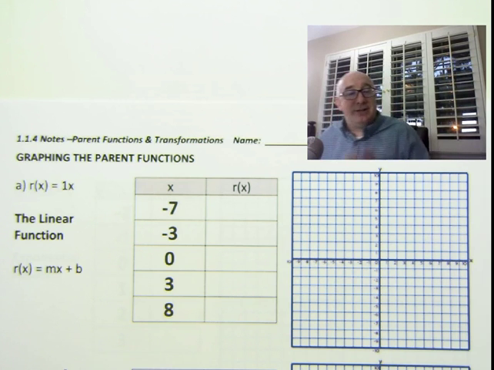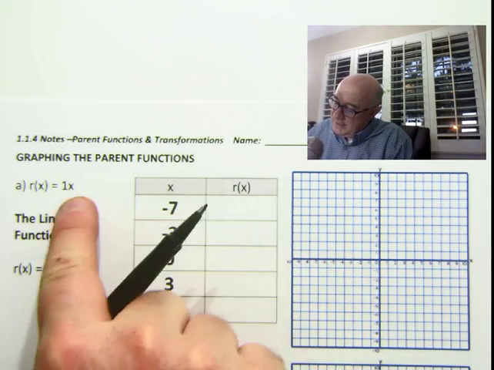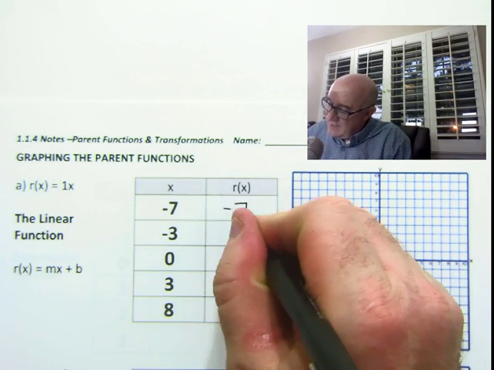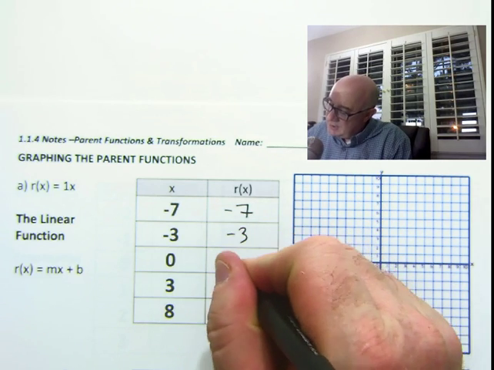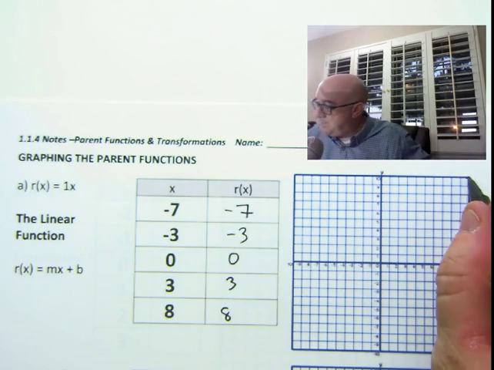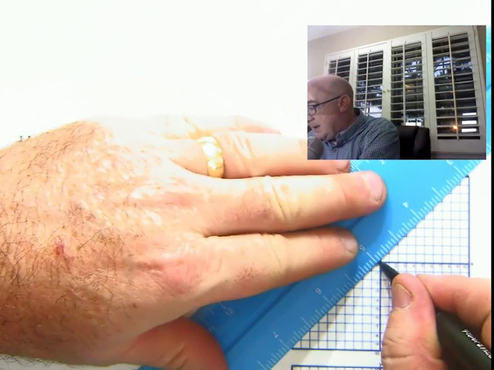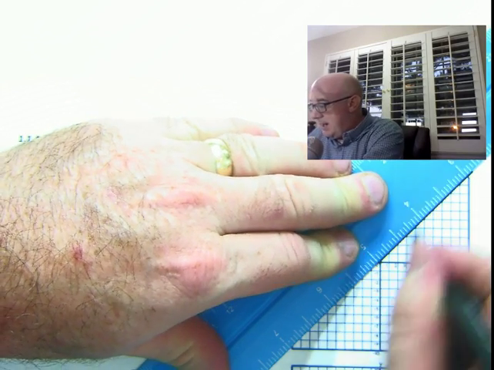So the first one is just a line with a slope of 1 and an intercept of 0. If you plug in a -7, you get a -7. You plug in -3, 0, 3, 8. Basically, the line that you get, which is the most basic, is this one right here.